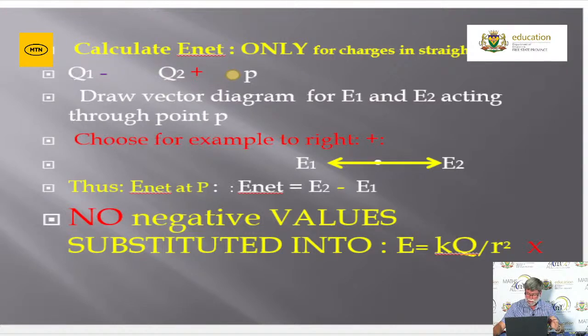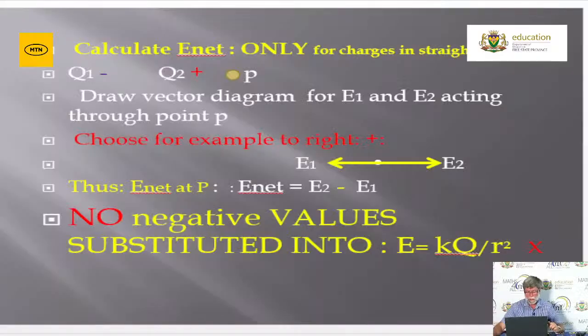No negative values must be substituted for Q in any of these two. On the next page, I reiterate very clearly: no negative values, draw a vector diagram, and lastly, interpret your direction in your final answer. You must interpret your direction.